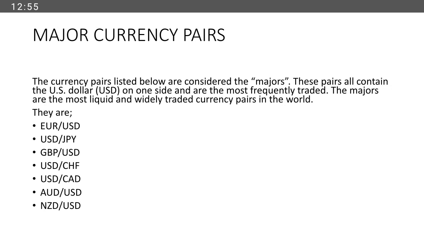Those are the major currency pairs, and when you see them, their price goes up, they are volatile. Their prices move very fast because they are volatile.